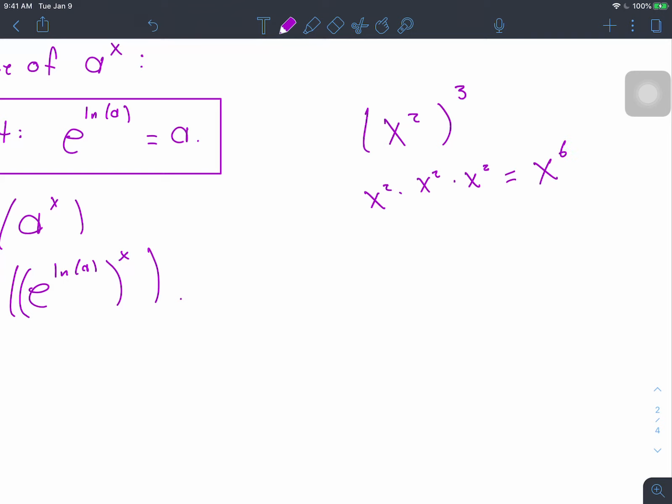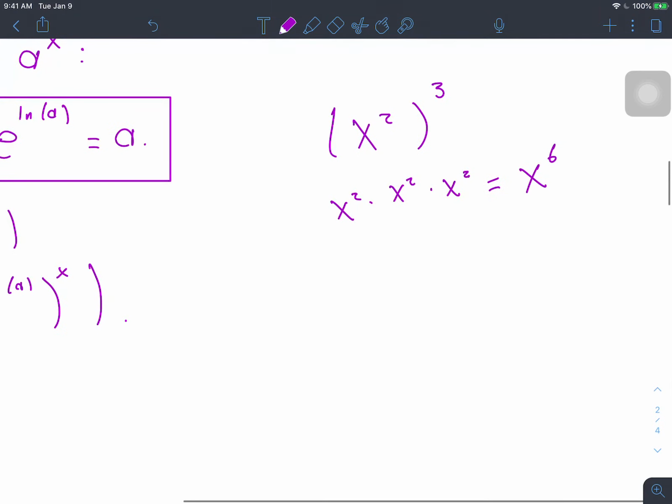So, if we take something to a power, should we add the powers or multiply them? We should multiply them. 2 times 3 is what we should get. That's how we get 6 here. So this is equal to x to the 2 times 3, which is equal to x to the power 6 here.